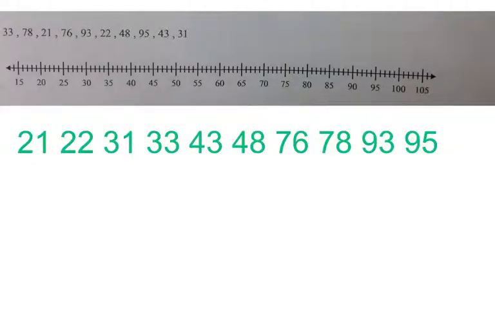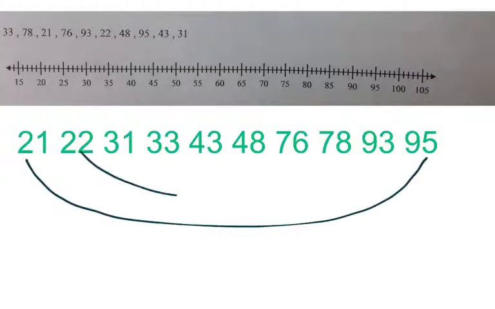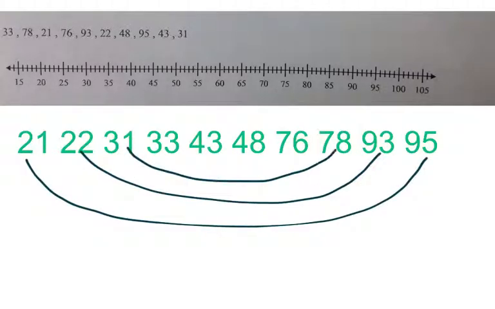All right, here's our second example. All right, and I've already put our numbers in order. So our first job is to find our median. And this time I thought I would do an even set data. So here I have 2 numbers in the middle. So remember, when there's 2 numbers in the middle, you have to add those together.